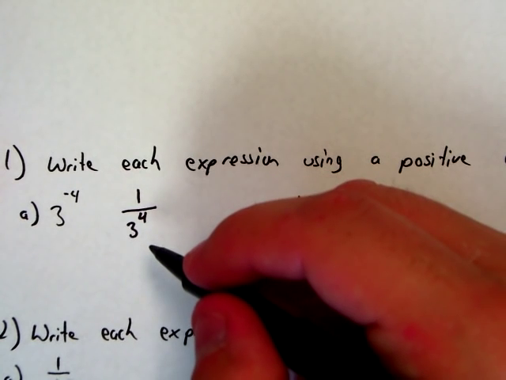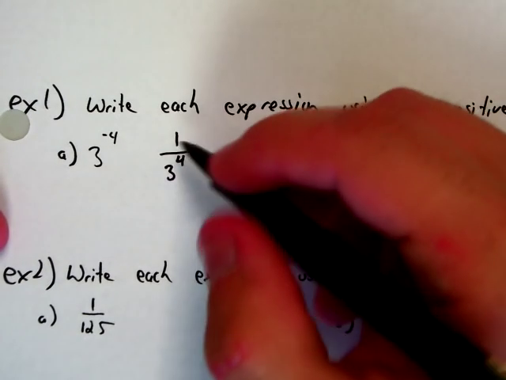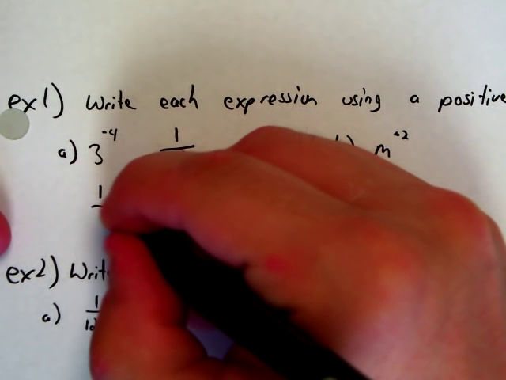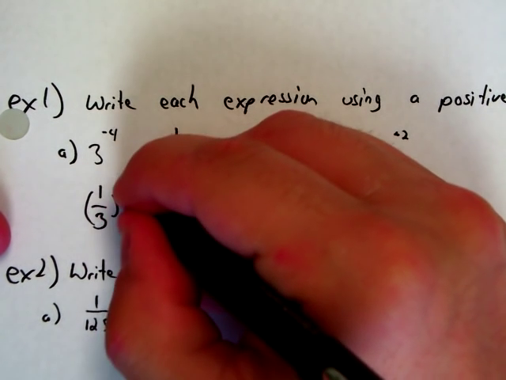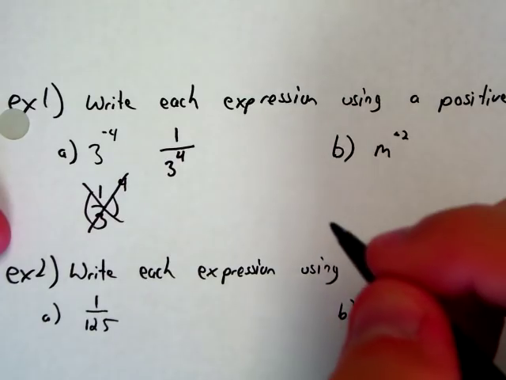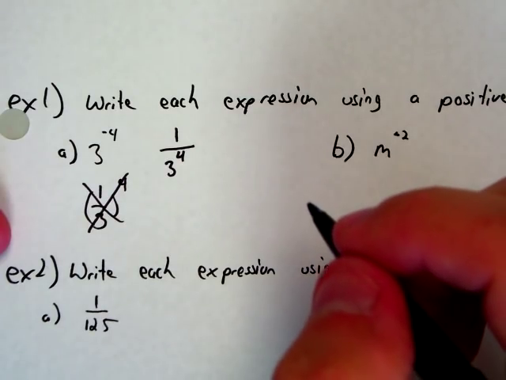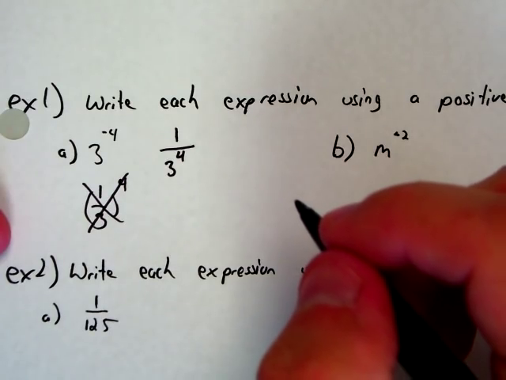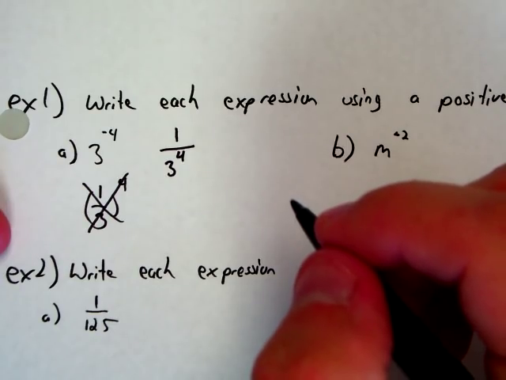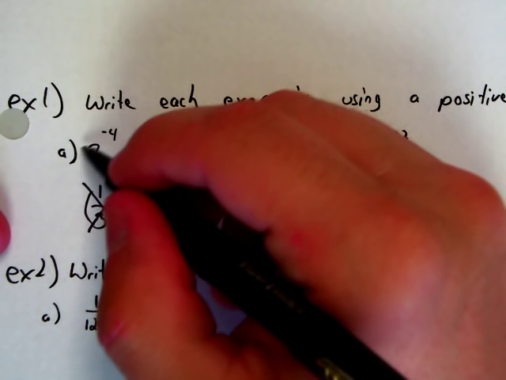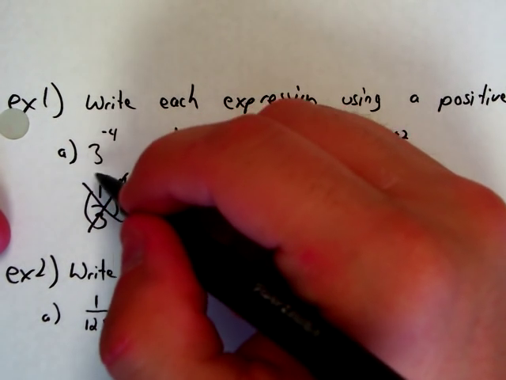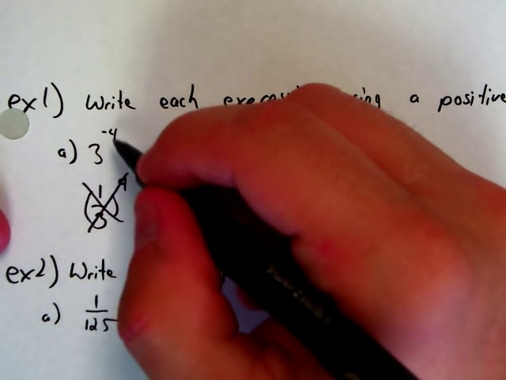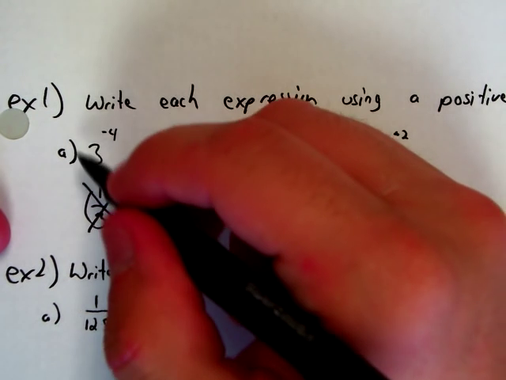Now be careful. This does not mean to do this. That is not true. The reason why is because if this were a negative sign out here, it would not like it.